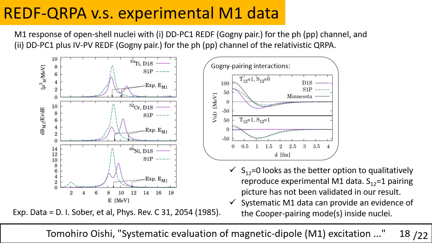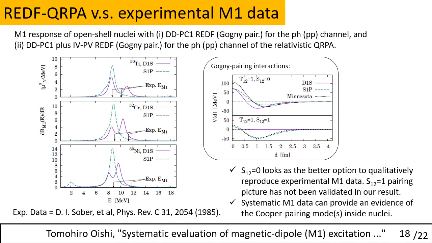Then I show you the comparison of our results with experimental data. In the left panel, I plot the REDF-QRPA results for these three open shell nuclei. For these three open shell nuclei, there is also a set of experimental data available, taken from this reference by Sober et al.